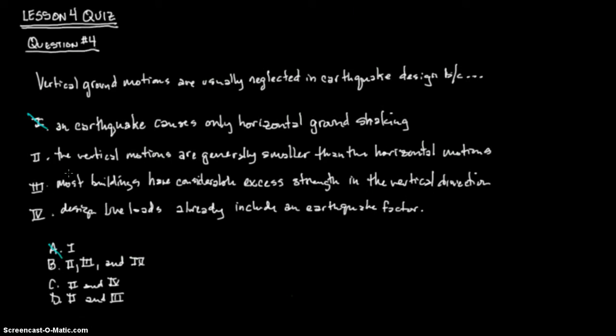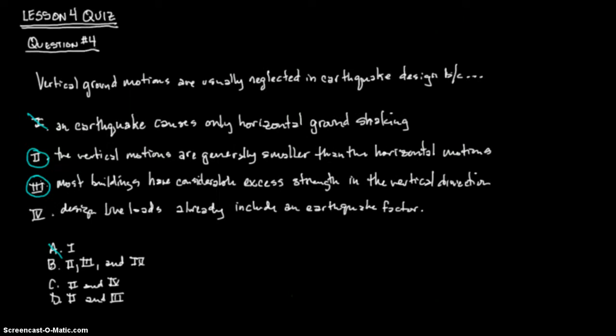Option 2: the vertical motions are generally smaller than the horizontal motions. That could be correct. I'm no earthquake specialist, but that sounds right, and if you go back and look, they have that. Option 3: most buildings have considerable excess strength in the vertical direction. That is correct. A lot of that excess strength comes from the live load and your additional dead loads.